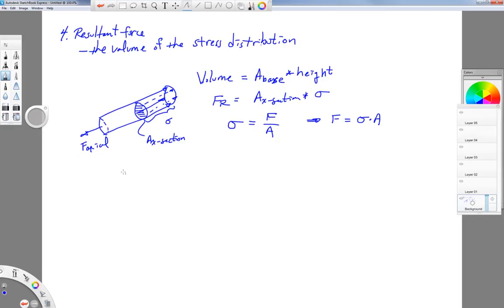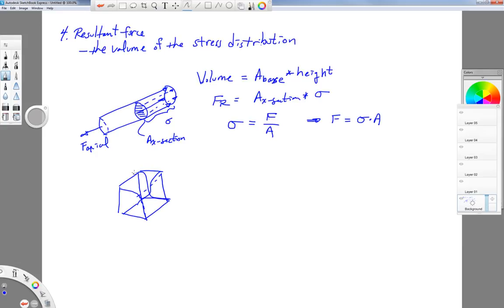You might recall that if you have some sort of surface that changed from one position to another, I'm just making some squiggles here to kind of show some different values of stress. So maybe it's high on some sides and lower on the others. It's kind of dipping up and down over here.